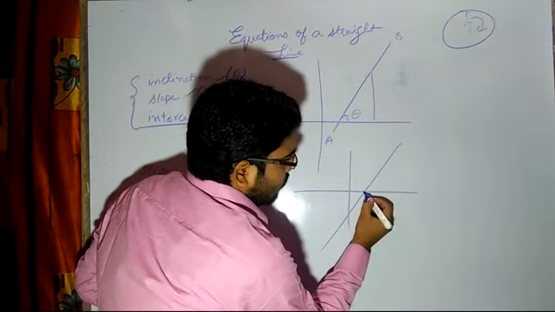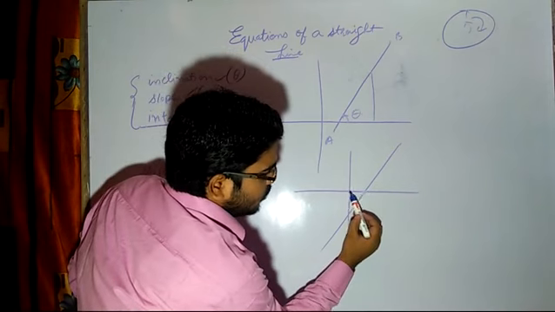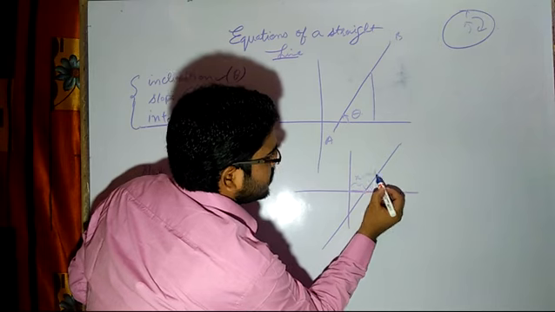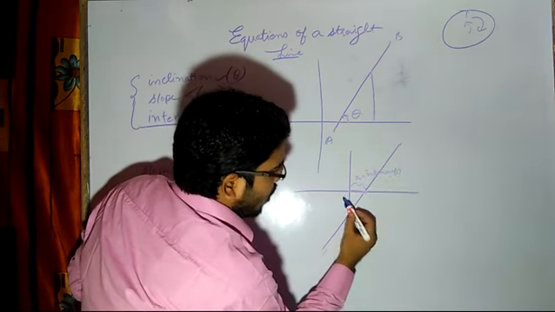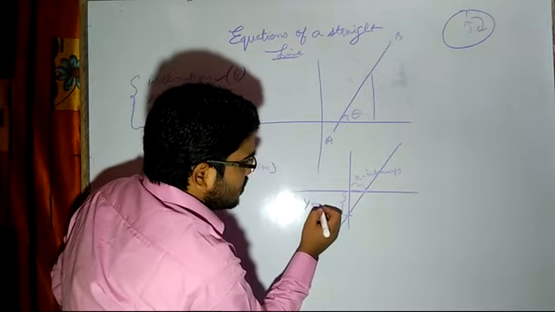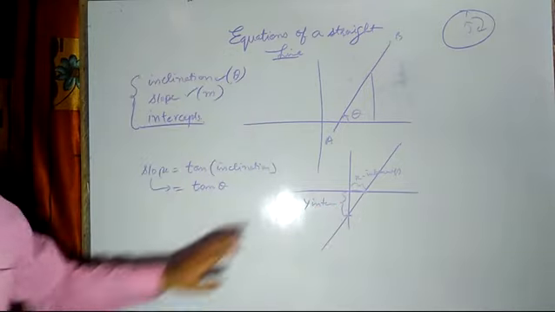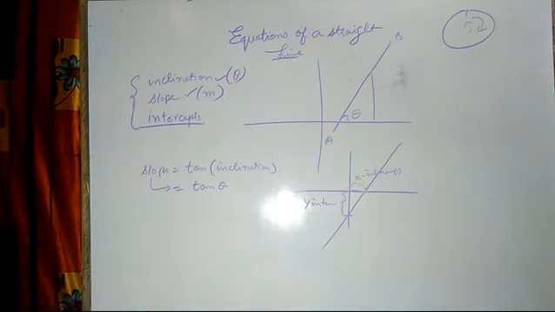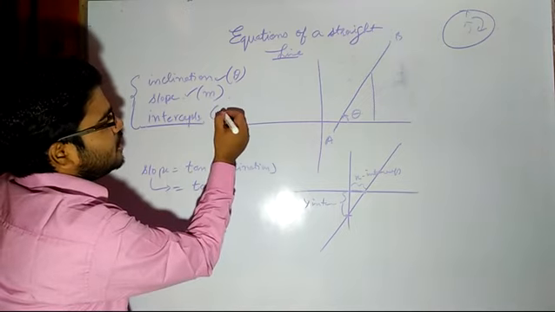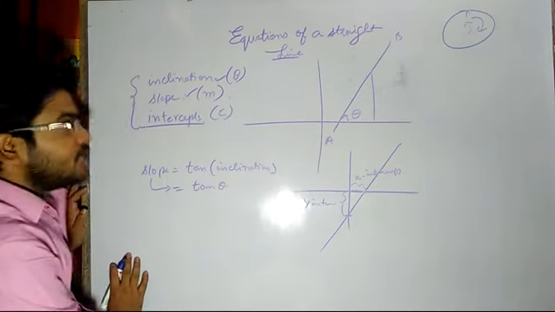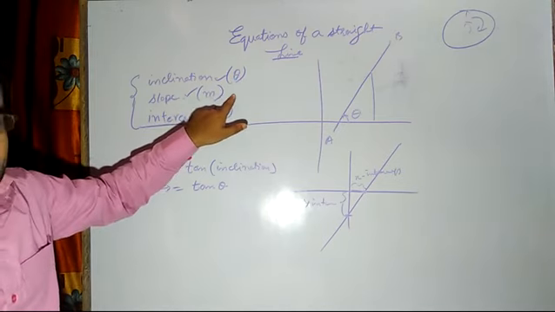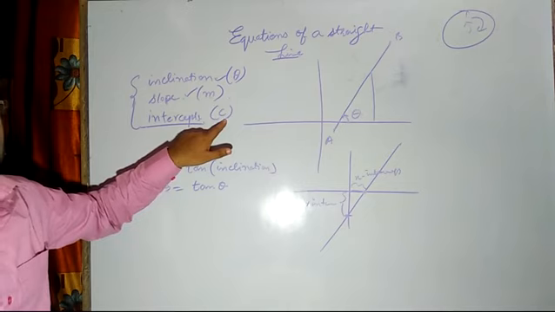From here to here is called the x-intercept. This line is cutting here also, so this is called the y-intercept. Intercept is generally denoted by small c. So inclination is denoted by theta, slope by small m, and intercept by c.